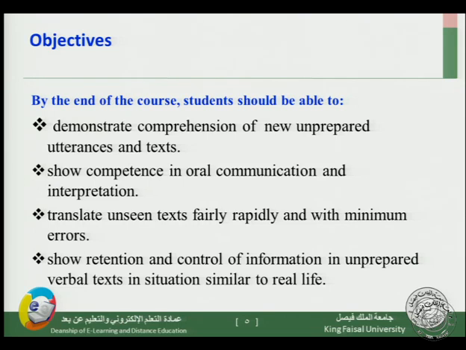And you should be able to show some kind of competence in what? In oral communication, verbal communication, speech. So you will develop this fluent skill of communication, speaking mainly.